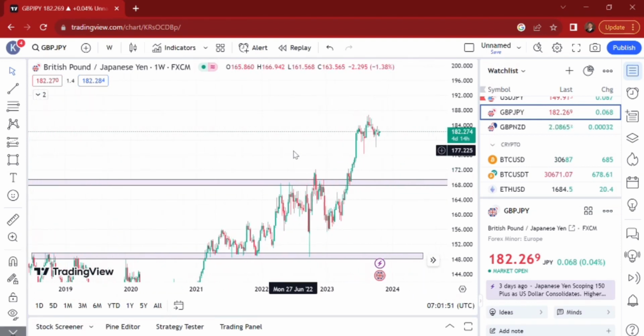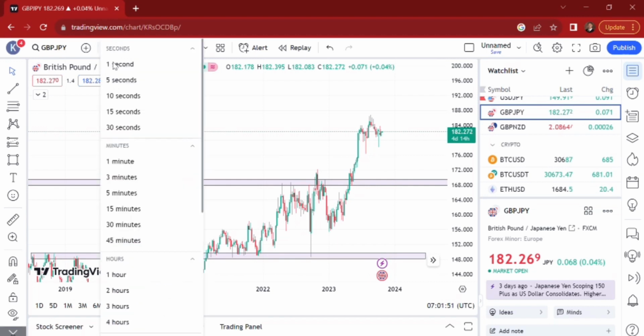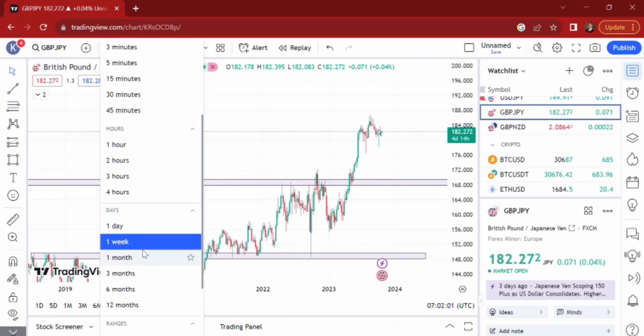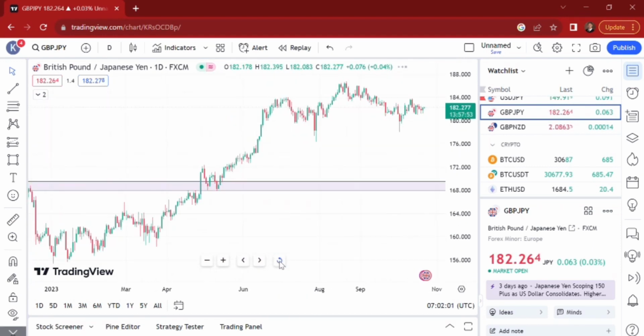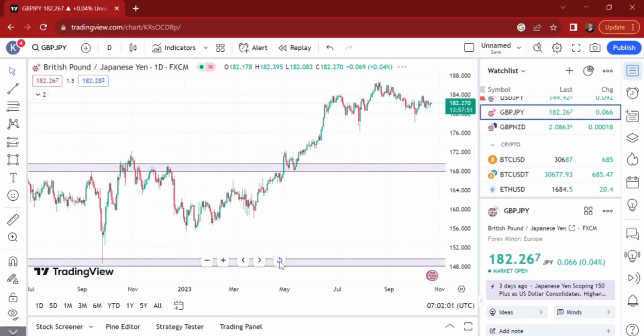All right, okay. So what do we do next? We go to a lower time frame like the daily time frame, and still try to identify the supports and resistance on the daily time frame as well.